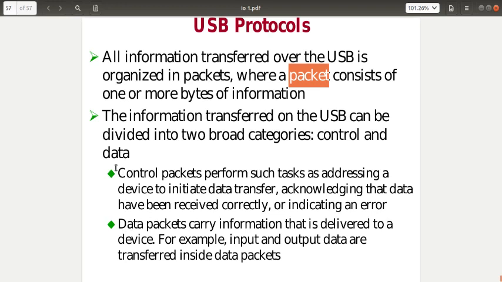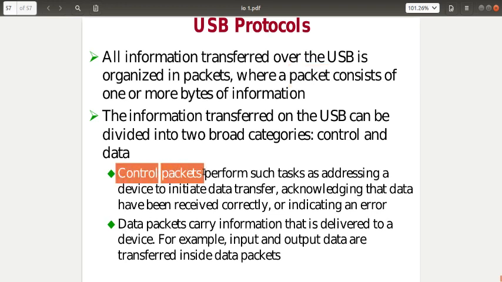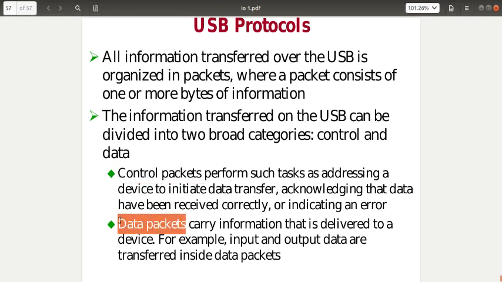The other thing is that there will be control packets, right? Control packets are used for the initial establishing of the communication link with the IO device, acknowledging that data has been transferred, initializing data transfers, things like that. So there are two types of packets: control packets and data packets.